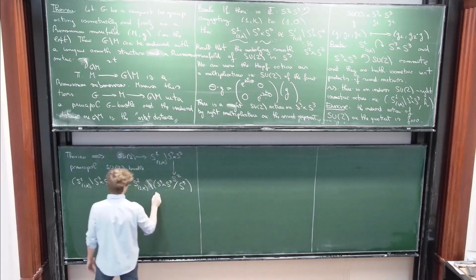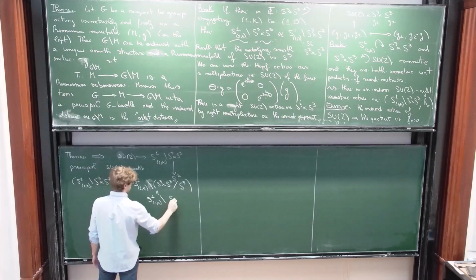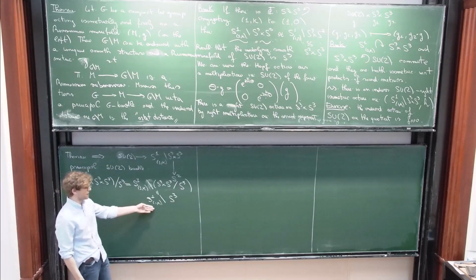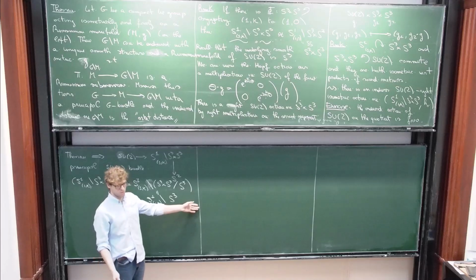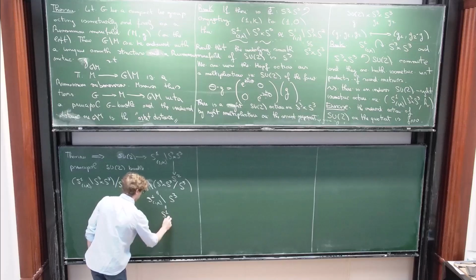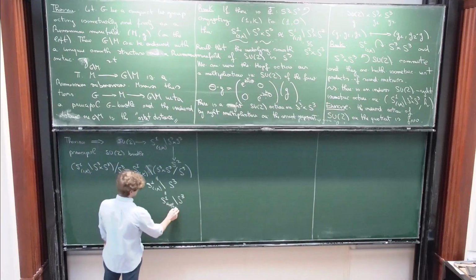So this is equal to S1_{1,k} modulo S3. However, S1_{1,k} is rotating by speed 1 on the first component and by speed k on the second component. There is no second component anymore. So this is S1 modulo S3.